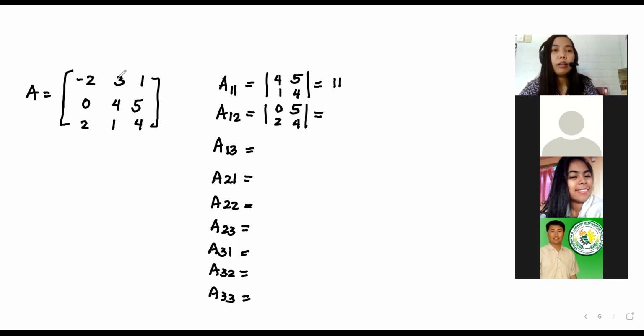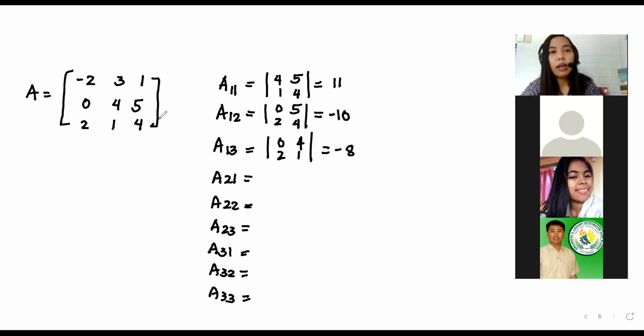Double check again. This is 0 minus 10, so negative 10. A13, row 1, column 3: delete, 0, 4, 2, 1. This is 0 minus 8, so negative 8.